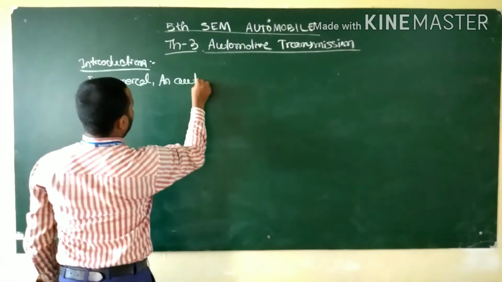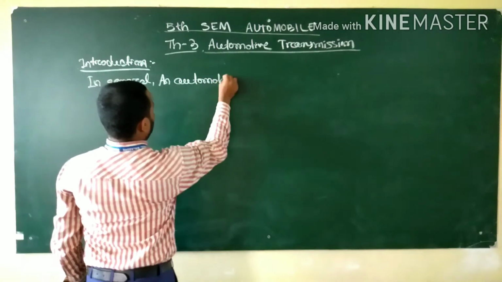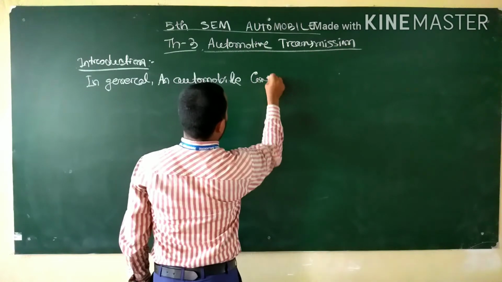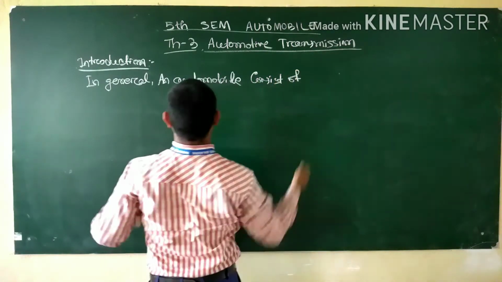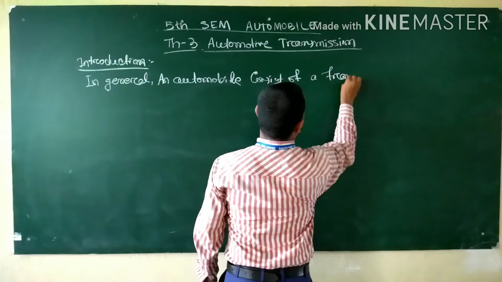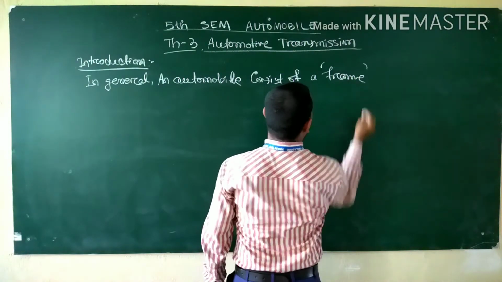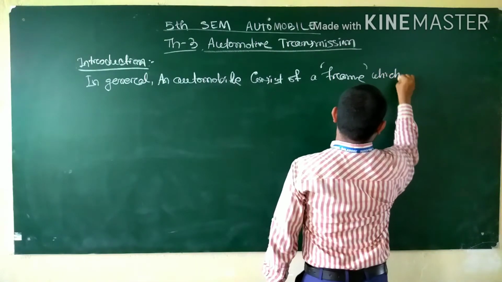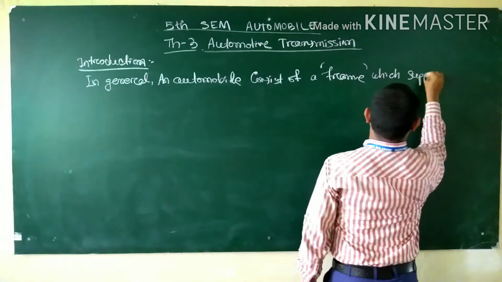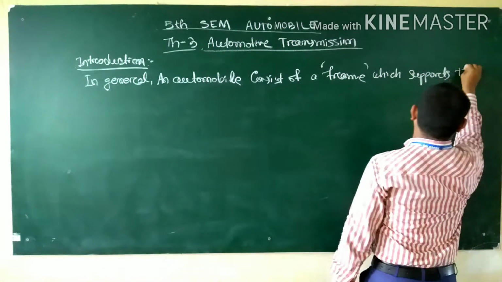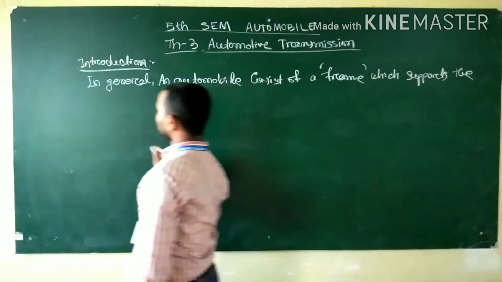In general, an automobile consists of a frame which supports the body.